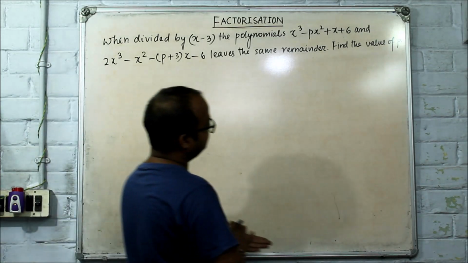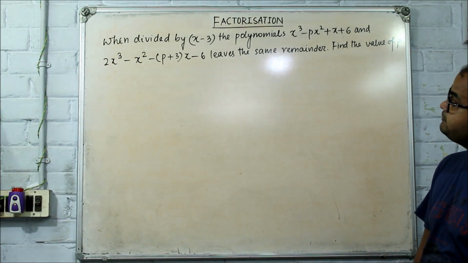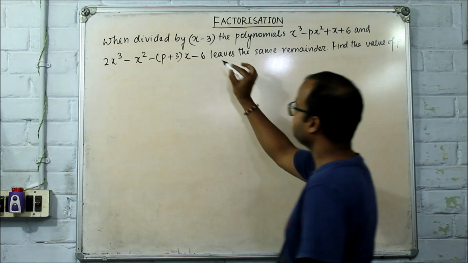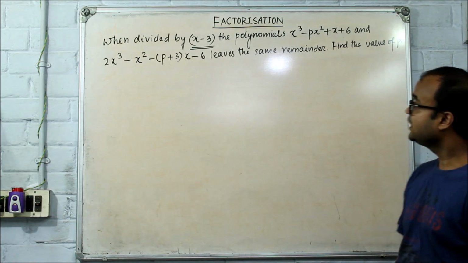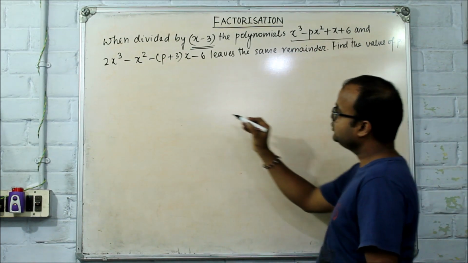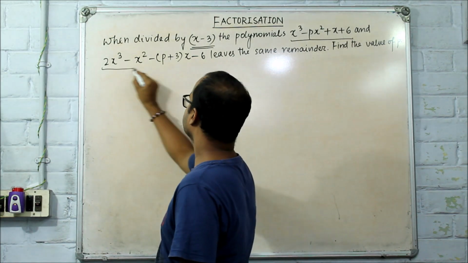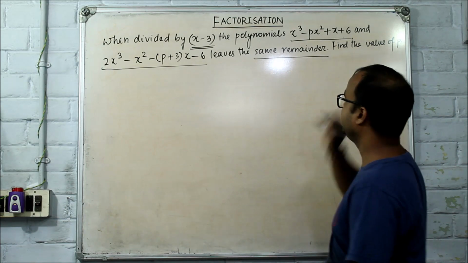Moving into the next problem, it is given that when divided by x minus 3, so this is the divisor, two polynomials are given and both polynomials leave the same remainder.